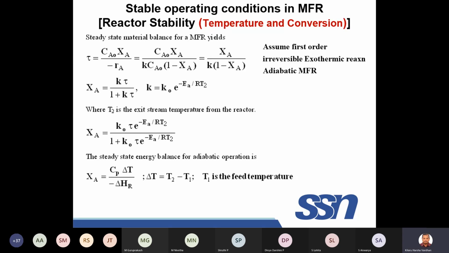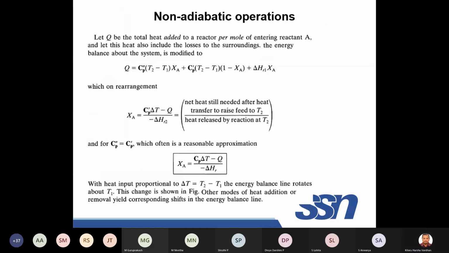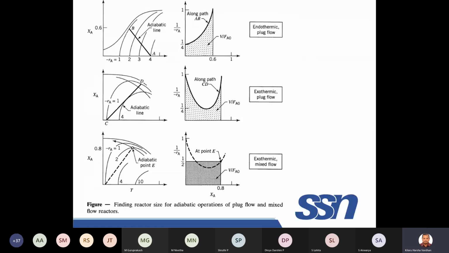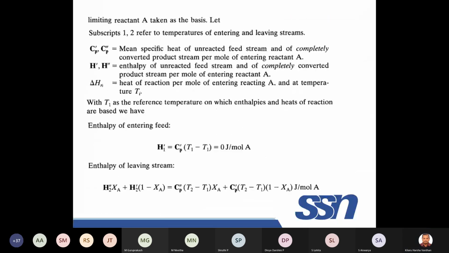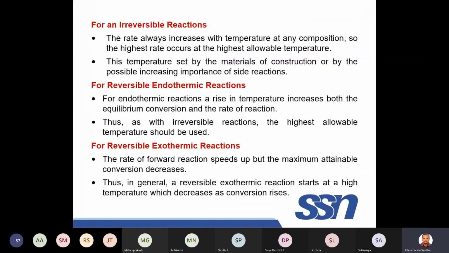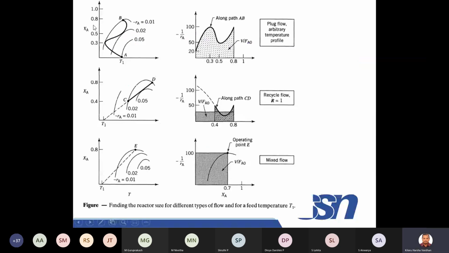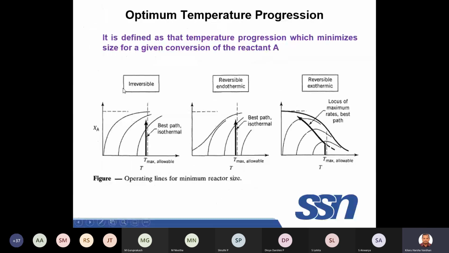So the important thing here is drawing these curves and drawing the reaction path and seeing where it is being touched.